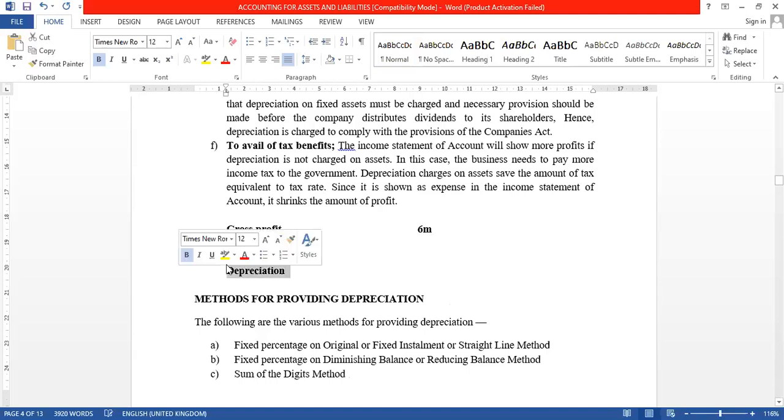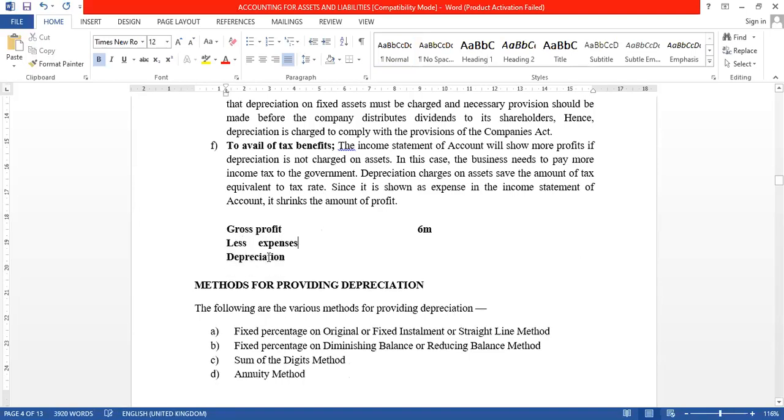And therefore, assuming that this is the only expense that you have here for the purposes of working out, and you assume that depreciation here, the total expenses is 1 million, right? It means that net profit will be 5 million. I hope we are together up to that point.